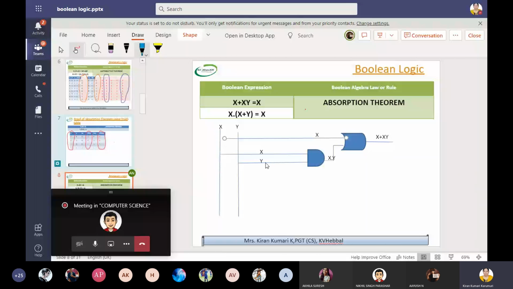Okay, children, is it clear? Understood? So this is how you will be drawing a logic circuit for the given expression.